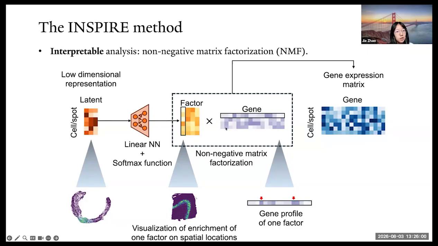And also, the gene loadings and factors achieve the interpretability. Like I previously talked about, we can get importance scores to form gene modules and also visually look at their distribution on the tissue. So those three components each have different functions.